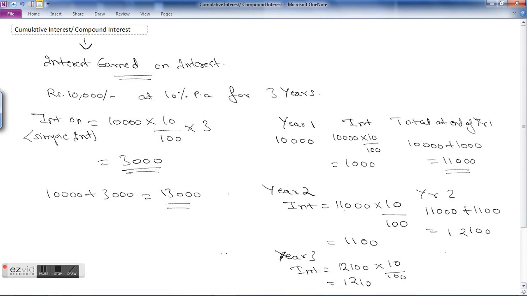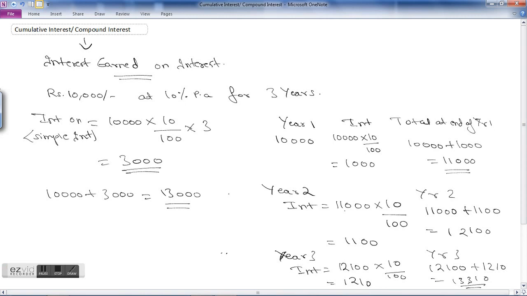So the amount is 1,210. The total amount that you will receive at the end of year 3 will be 12,100 plus 1,210. That comes to 13,310, the amount that will be received at the end of the 3rd year if you get cumulative or compounded interest at 10% per annum.